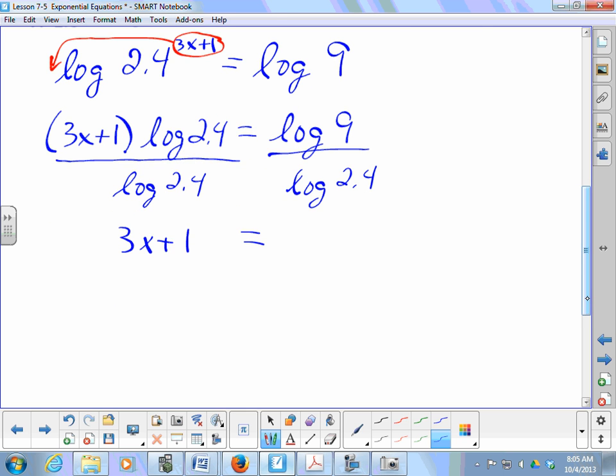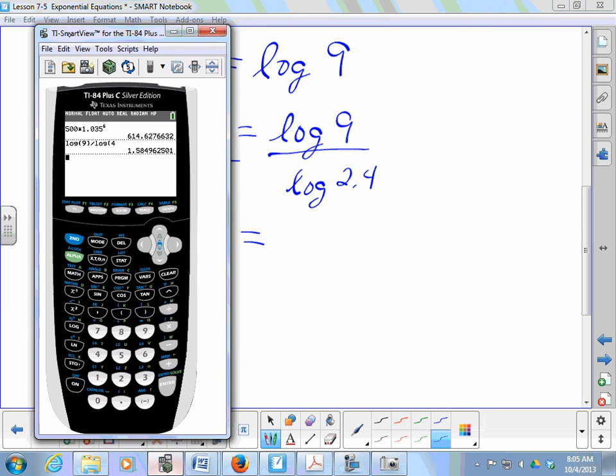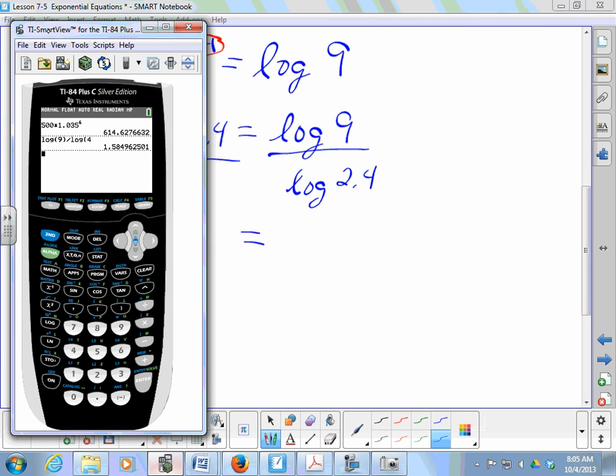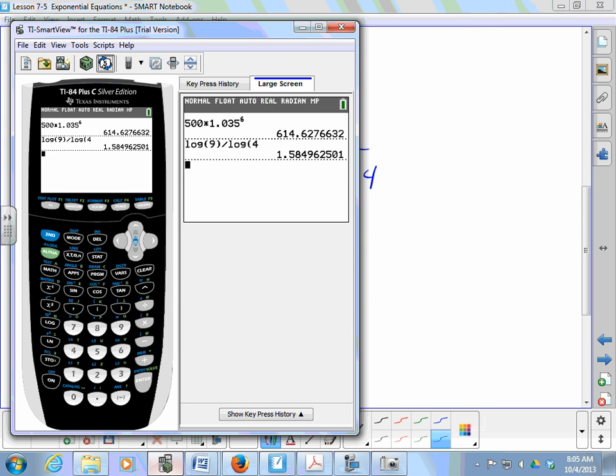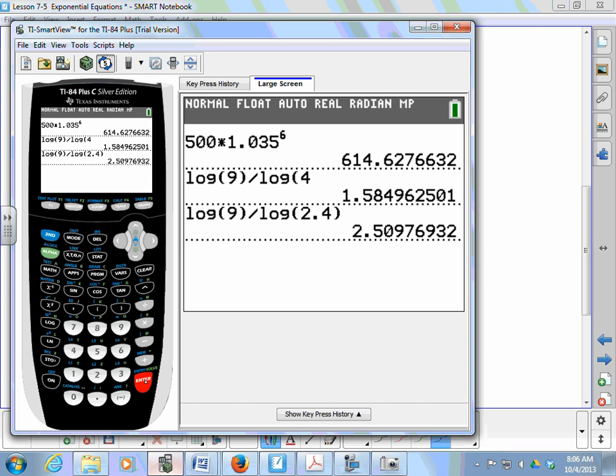All right, so I take my calculator. Log of 9 divided by the log of 2.4. All right, so we get 2.5098.